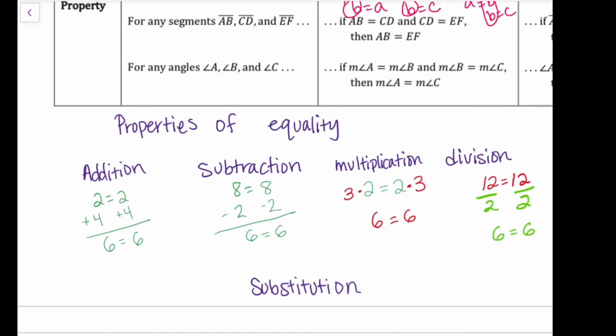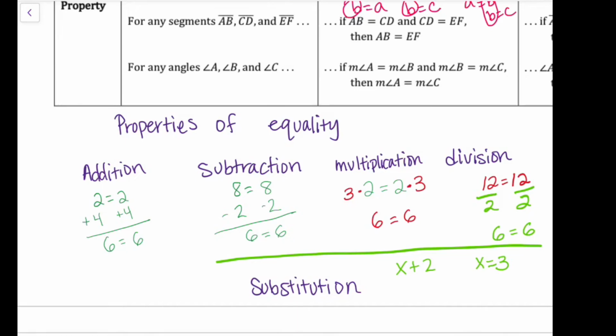So we still have something that's equal. So if we divide both sides by the same number, you'll still have something that's equal. For the substitution property, if something is equal to something else, I can substitute it in for itself.